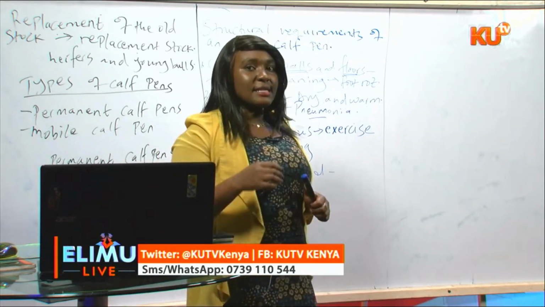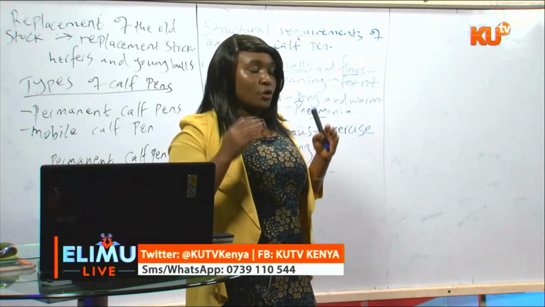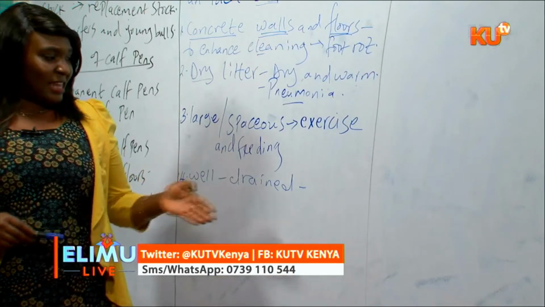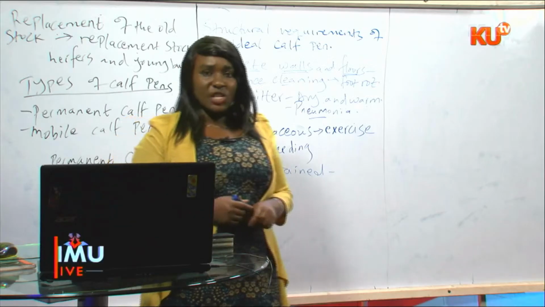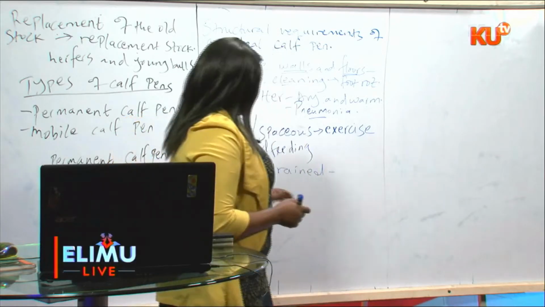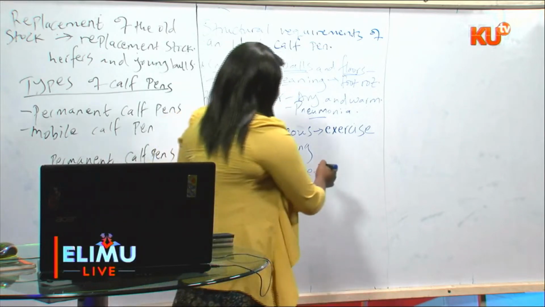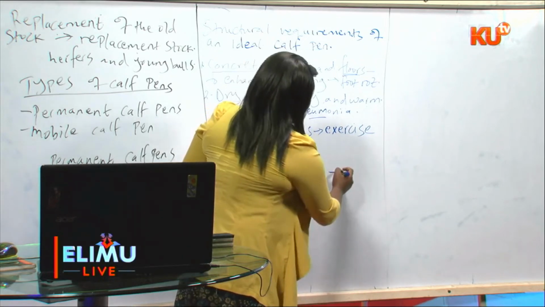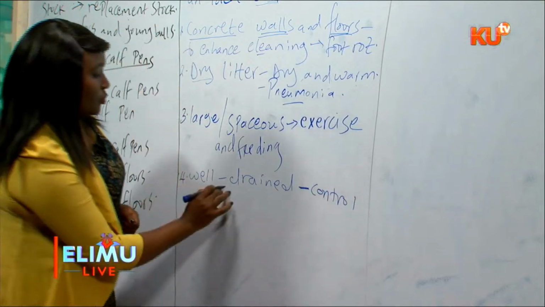You are placing this calf pen on an area that should be dry. That is well drained, the environment is not mushy. And of course, we are looking for a dry, drained area to control foot rot.